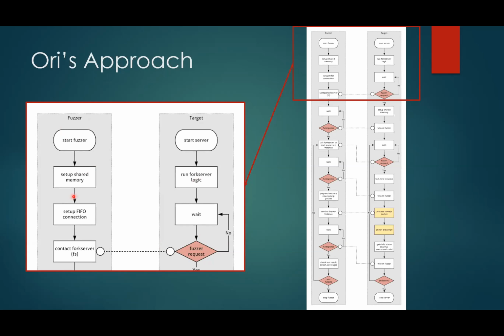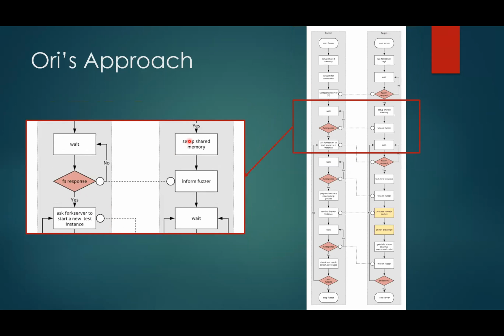And then we can start the fuzzer. The fuzzer will set up the shared memory. This shared memory is used to hold the execution traces of the target, and then it will set up some pipe connections and try to communicate with the target. Once we have done with the setup, the fuzzer will inform the target, saying okay, I'm ready, you can continue your execution.